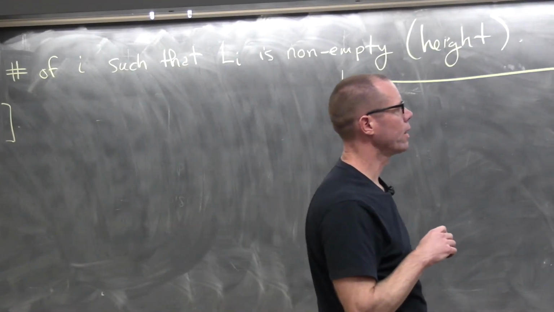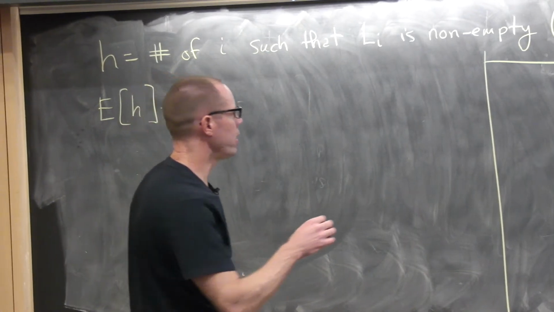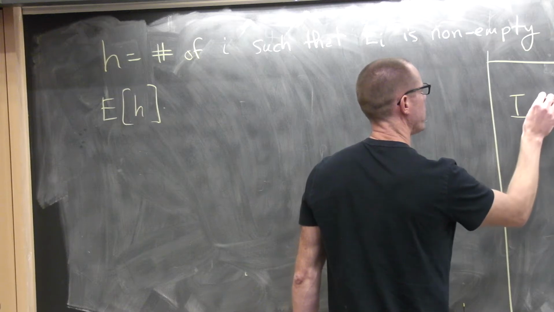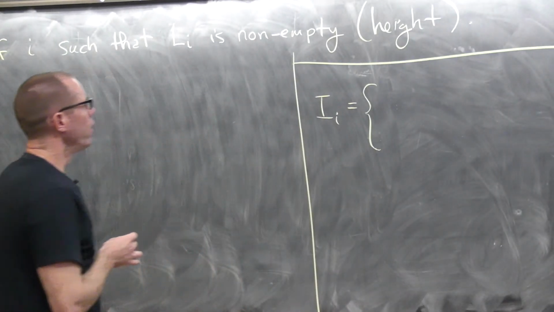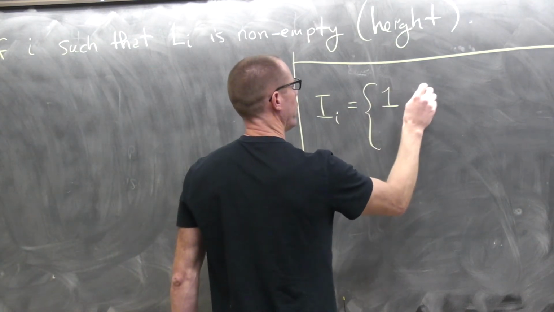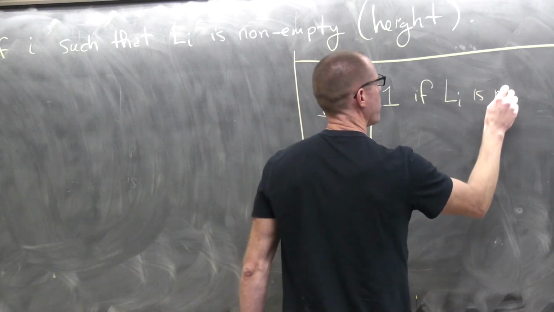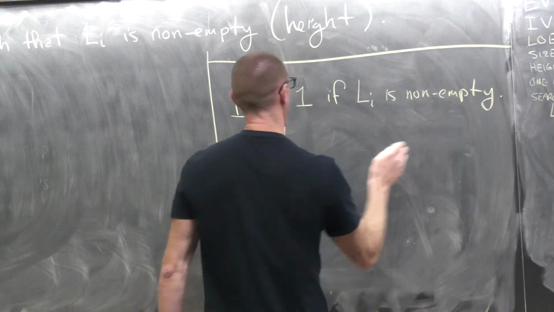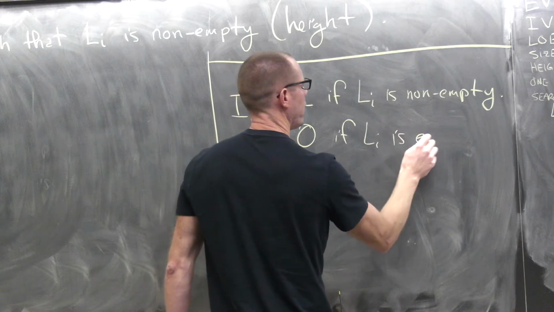let's define some indicator variables, I sub I, is equal to 1 if L sub I is non-empty, and it's equal to 0 if L sub I is empty.